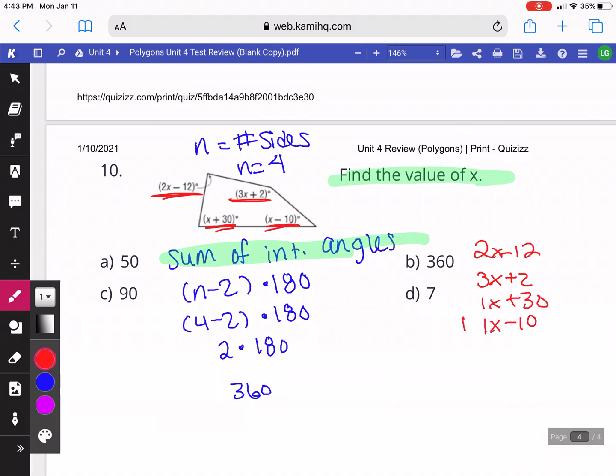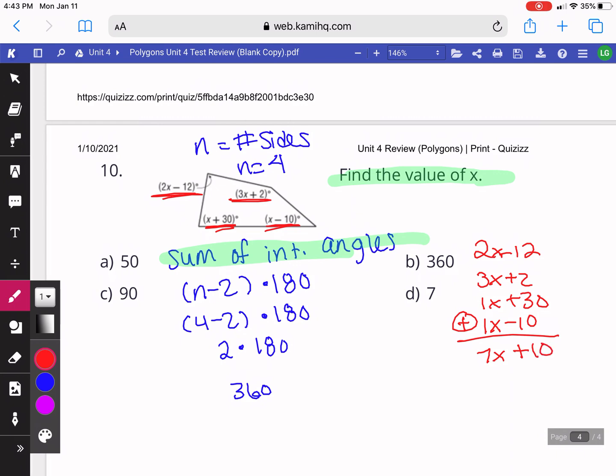So I'm going to add all these together to get the sum of the angles that are on the inside. So 2 plus 3 is 5, plus 1 is 6, plus 1 is 7. So I get 7x. Negative 12 plus 2 is negative 10, plus 30 is 20, minus 10 is a positive 10.